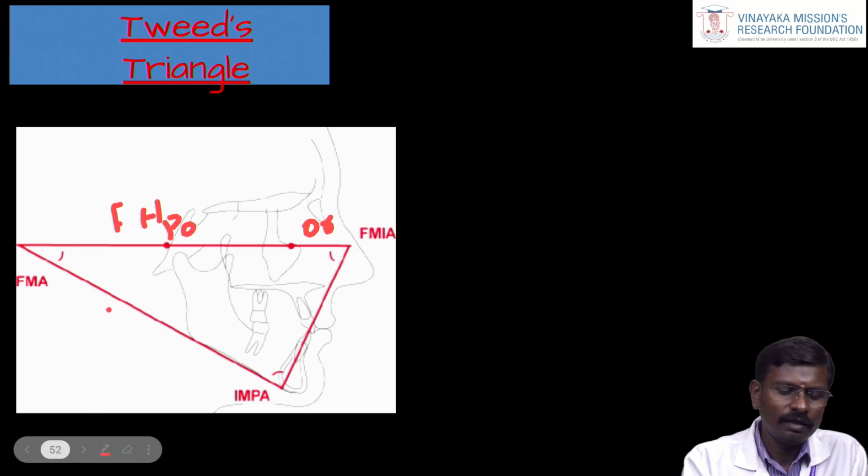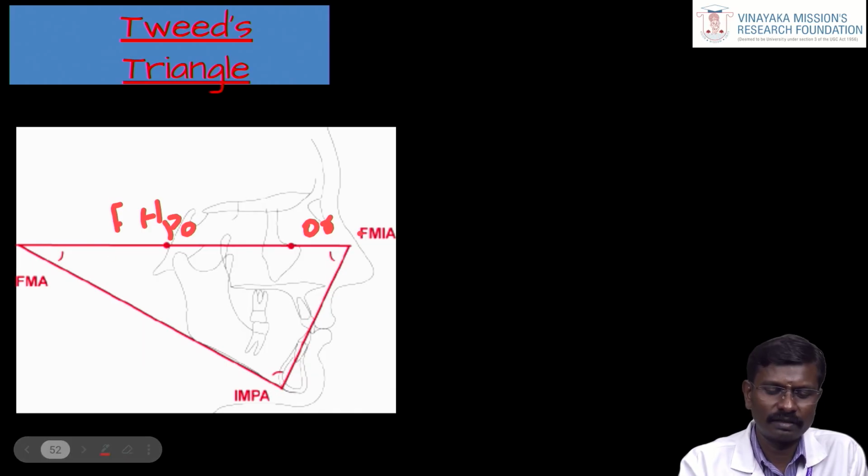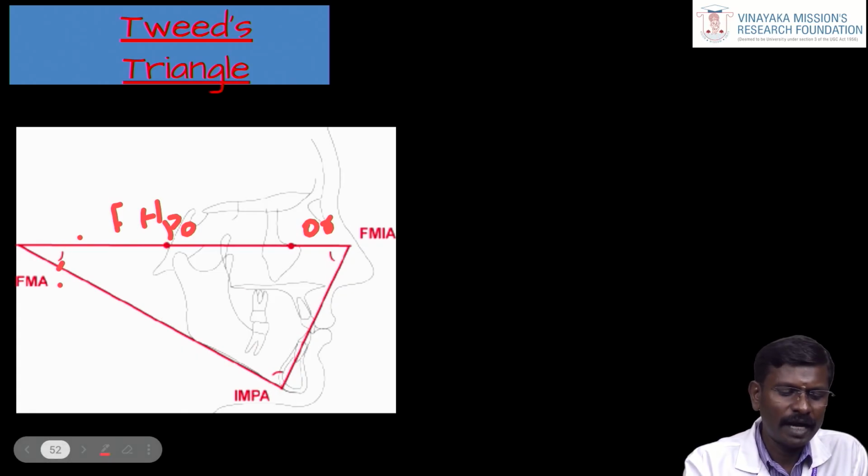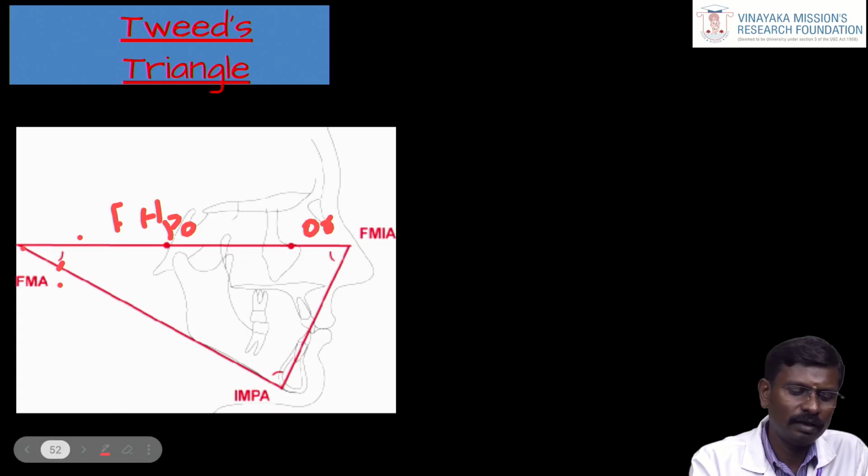And the second, the line along the lower border of the mandible, and another line, the line along the long axis of the lower incisor. Where these 3 lines join will make a triangle. This is called the Frankfurt mandibular plane angle, the angle between the Frankfurt plane and the mandibular plane.